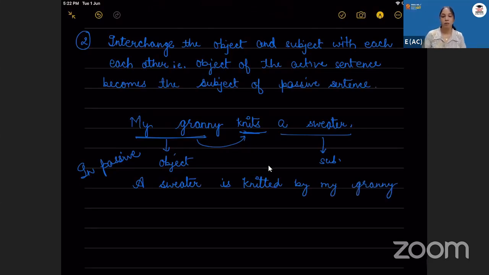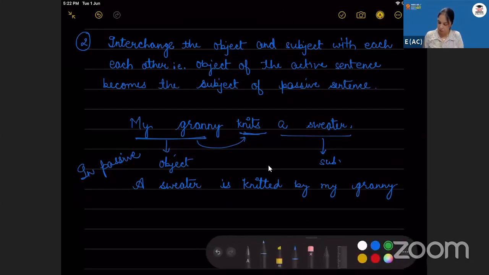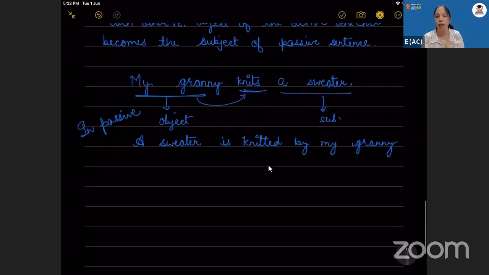So sweater and granny are interchanged. And in the same way, the voice is interchanged. First of all, identification is important. Then how they are interchanged is important. Now we'll move on to rule number 3.